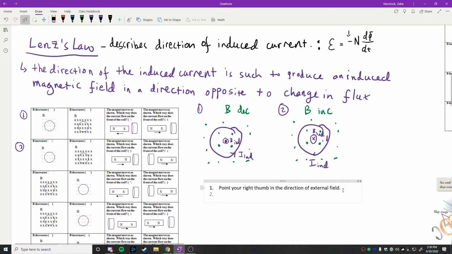The second step is: is the flux decreasing? If so, then the direction your thumb points is the same as the direction of the induced field. And then the other question is: is the flux increasing?